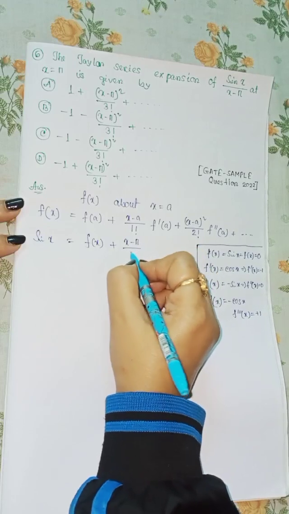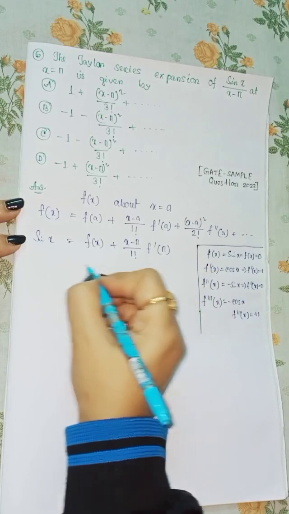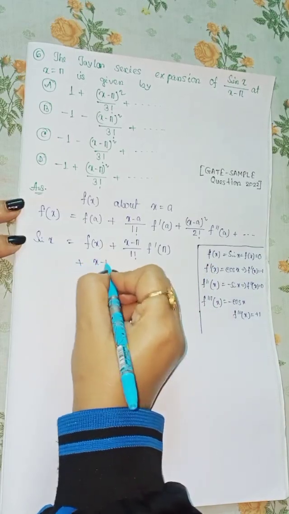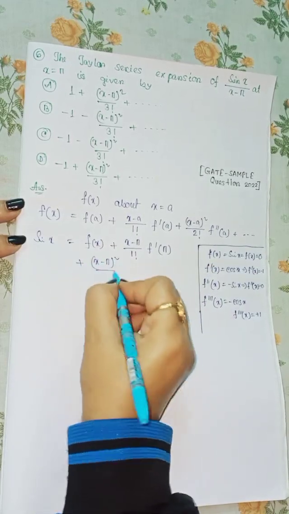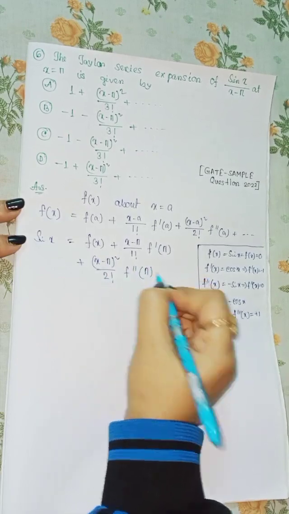So x minus pi by factorial 1 f dash pi plus x minus pi whole square by factorial 2 f double dash pi.